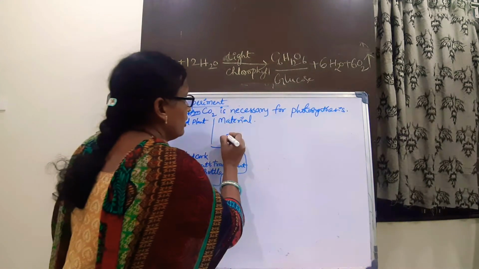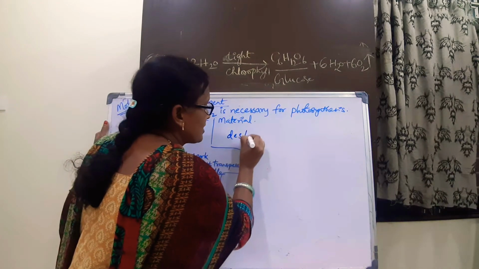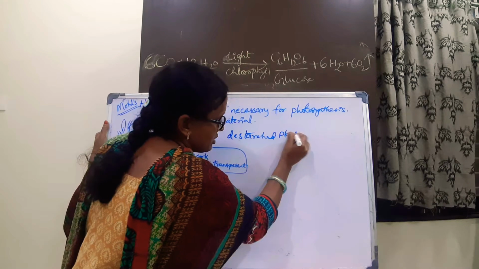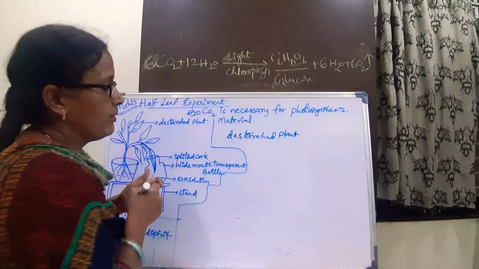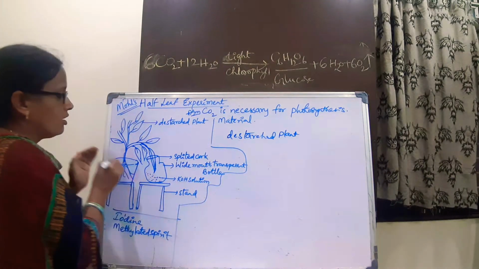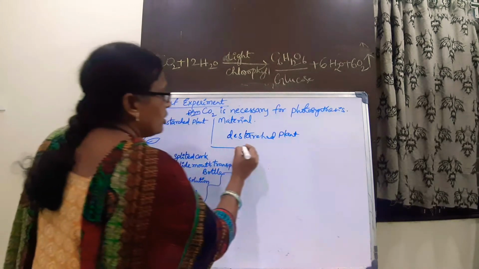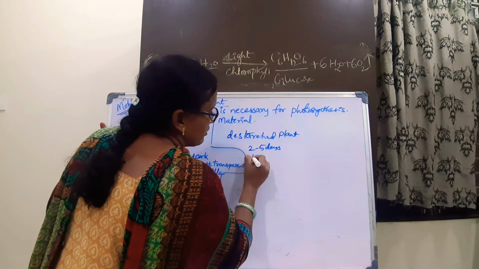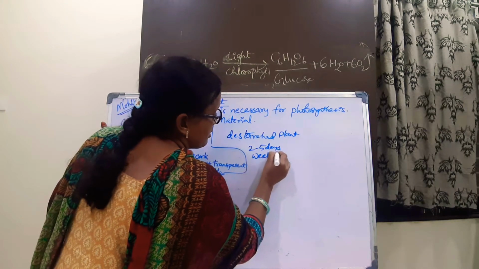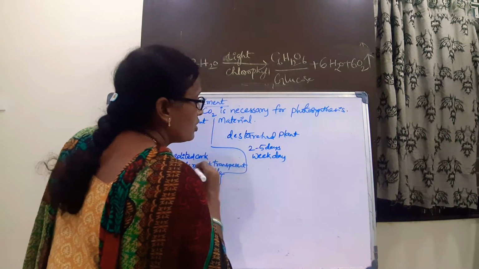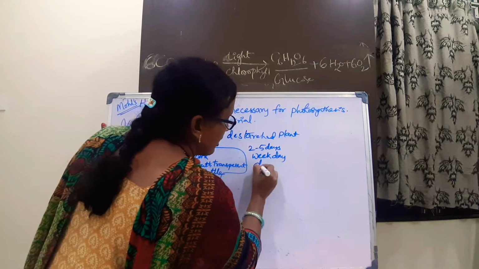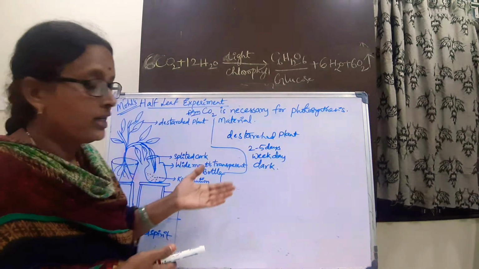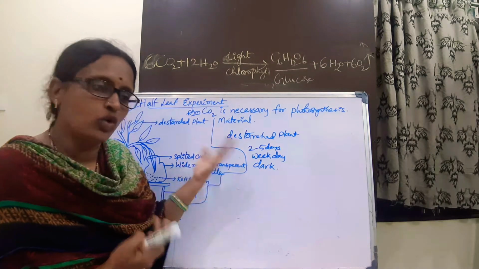Here we are taking the destarched plant. How can we destarch the plant? Simply by keeping the potted plant in a dark room for 2 to 5 days or 1 week. When we keep it in the dark room, what happens? In the dark they can't perform photosynthesis.